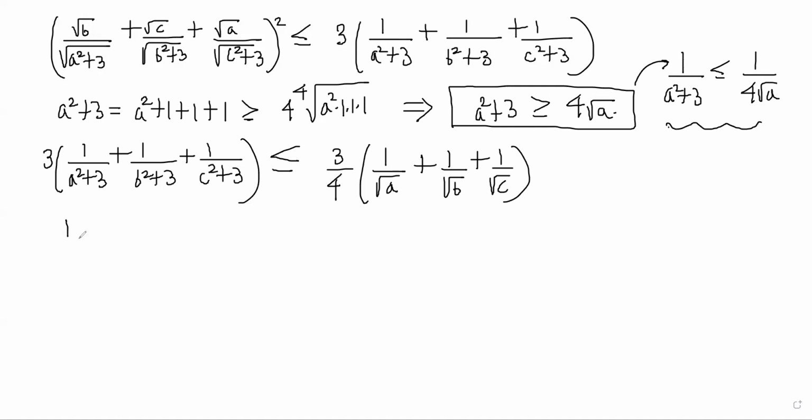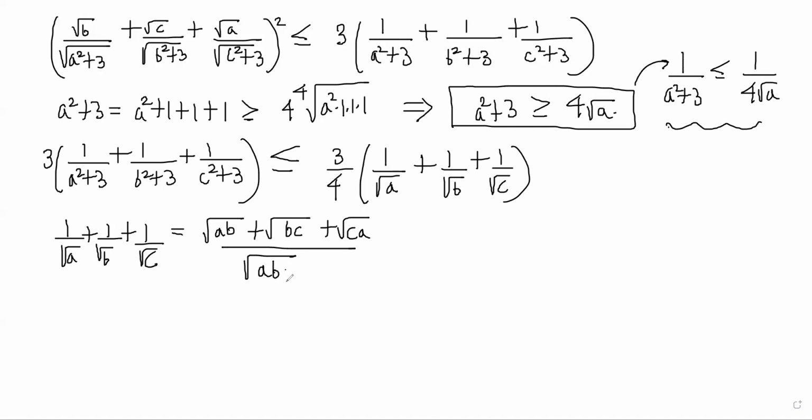Now 1 by root a plus 1 by root b plus 1 by root c is equal to root over AB plus root over BC plus root over CA by root over ABC, and that can be written as less than equal to, I will apply AMGM on this term, root AB.